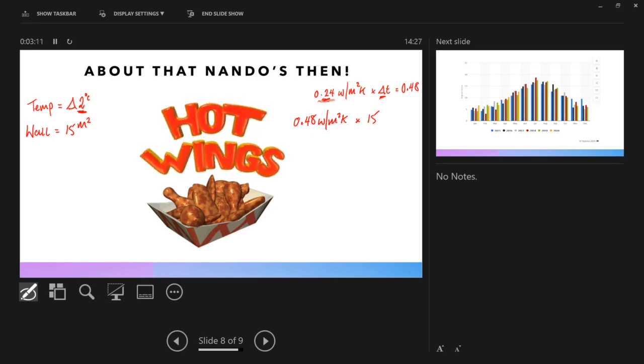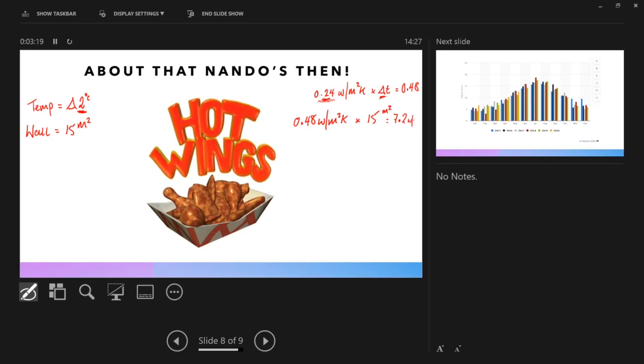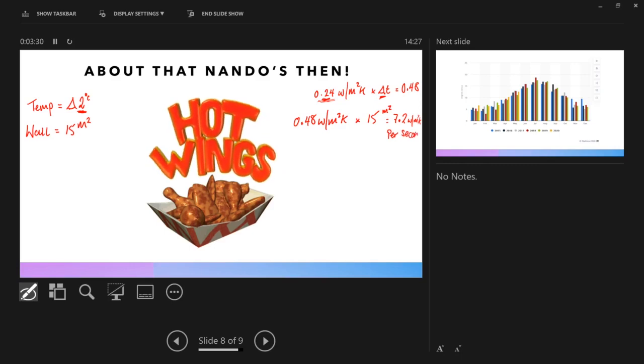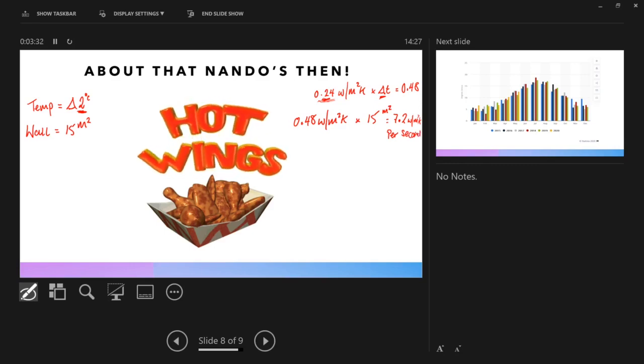There are 15 square meters involved with this, and that equals 7.2 watts. Okay, and that is per second. Remember, joules per second. So for every second we're losing 7.2 watts across the entire wall surface of 15 square meters.